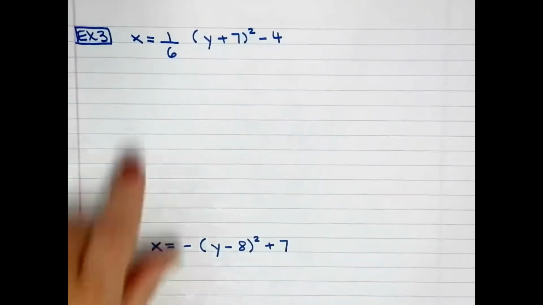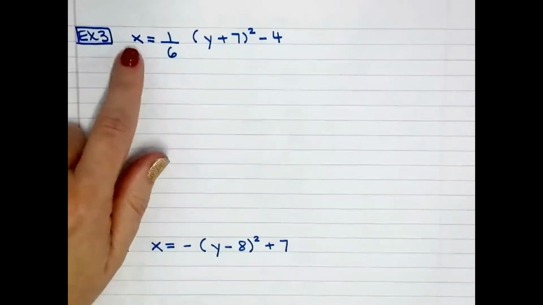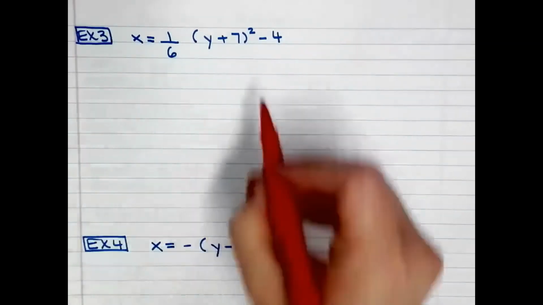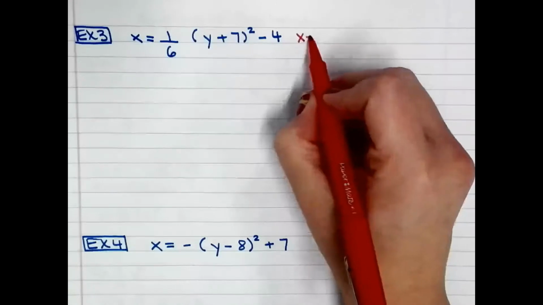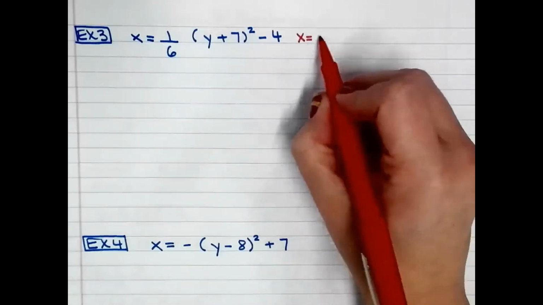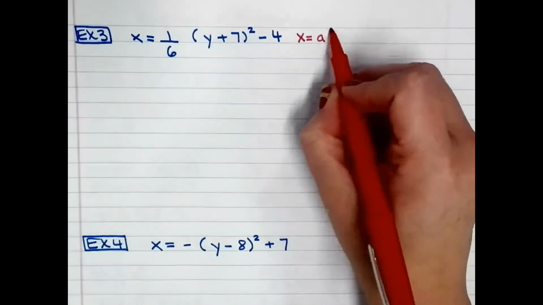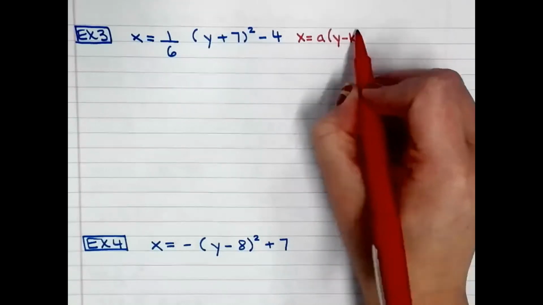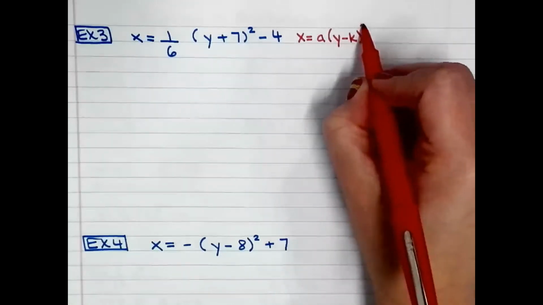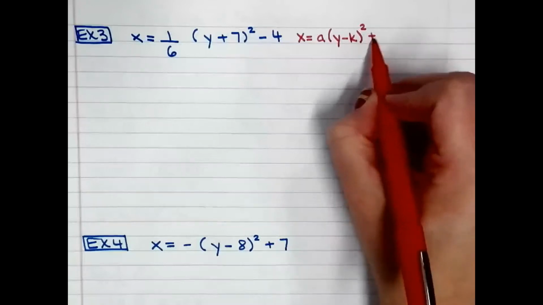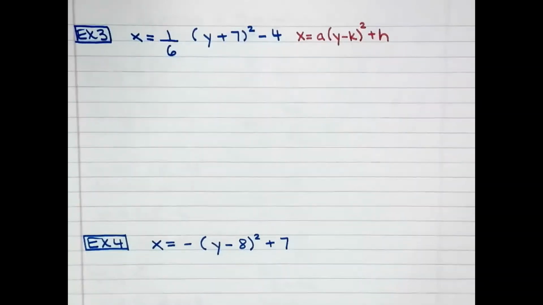Now, notice that this one is x equals. So I will write the vertex form for the x equals. At this point, you are familiar that the x equals form will give you a parabola opening side to side. Before we do anything, we're going to sketch the graph.